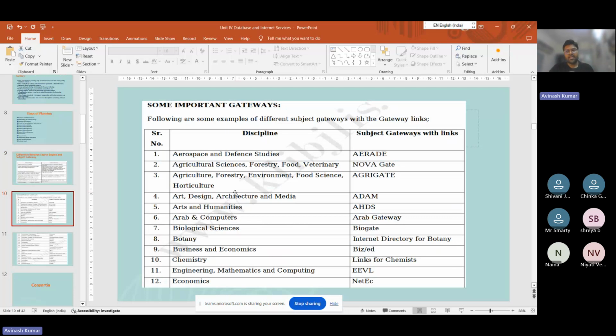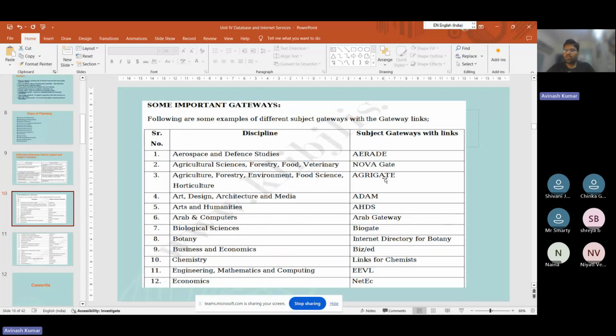A particular field has a particular subject gateway. Here you can see an example of a subject gateway. First is aerospace and defense study, and that is the name of the subject gateway, AERADE. And if you want agriculture science, forestry, food, or veterinary, you can use Novagate.